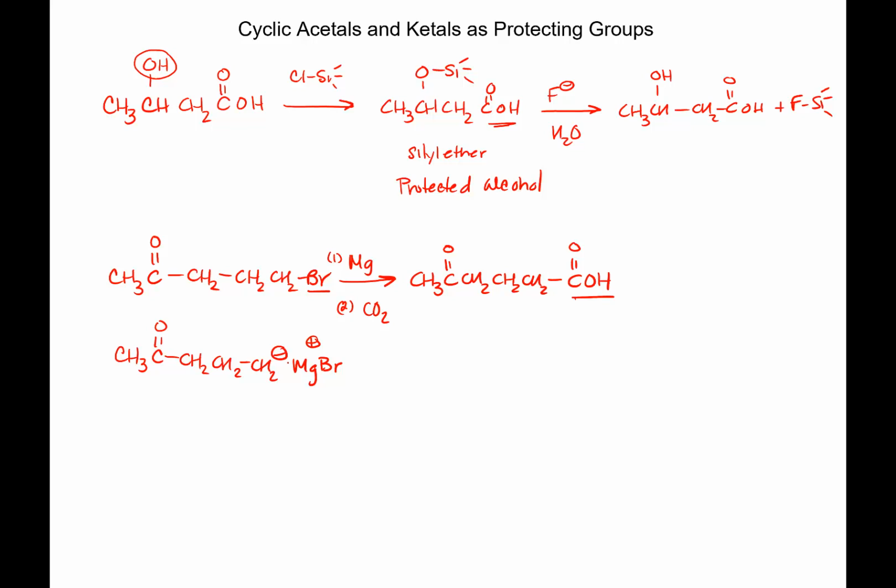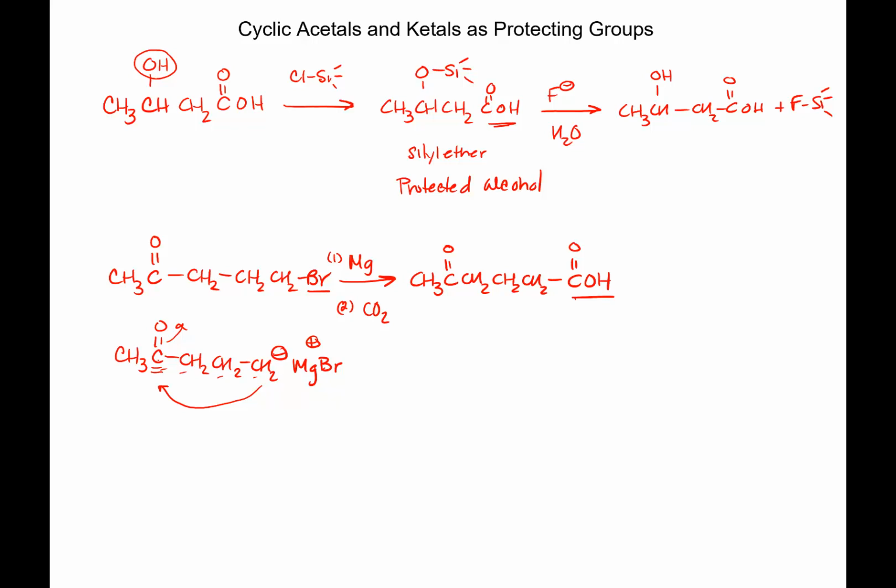So when we make this Grignard, the problem is that this carbonyl group is exactly what Grignards react with. You could have a situation where this C- will wrap around and attack that carbonyl to form a ring. In this case, it would form a 1, 2, 3, 4-membered ring.